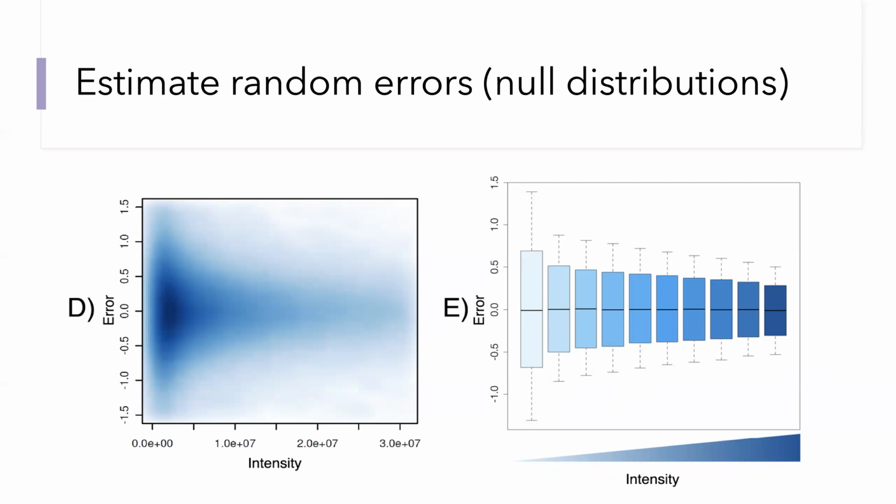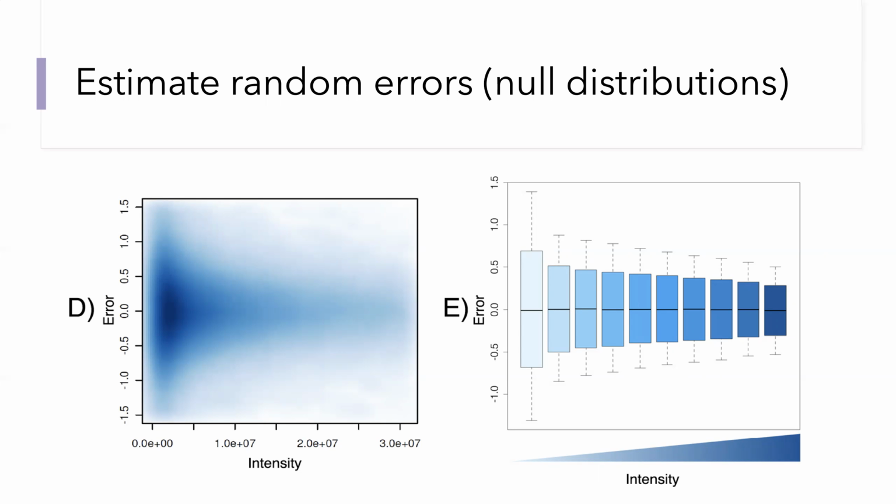One very important aspect of random errors to keep in mind is that usually those errors depend strongly on the abundance of the molecules that we measure, and this is true for messenger RNAs measured by DNA microarrays, RNA sequencing. It's equally true for peptides and proteins measured by mass spectrometry and by different approaches as well. It's a very general phenomenon where the errors for less abundant proteins are larger and the errors for more abundant proteins are smaller.